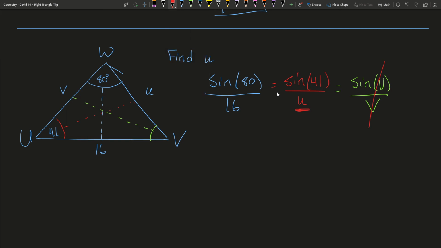When we cross multiply, we get u times sine of 80 is equal to 16 sine of 41. Divide by sine of 80 on both sides. We get u is equal to 16 sine of 41 over sine of 80.